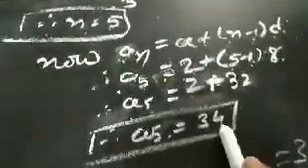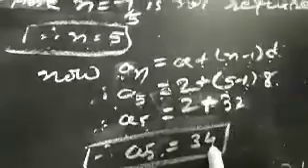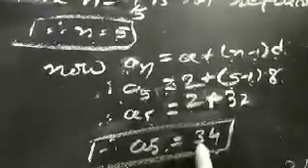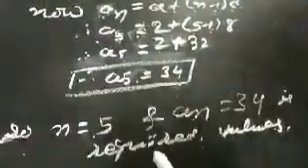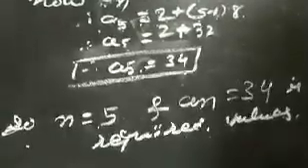So a5 we get here is 34. So n is equal to 5 and an is equal to 34 are the required values. So answer 6 is over.